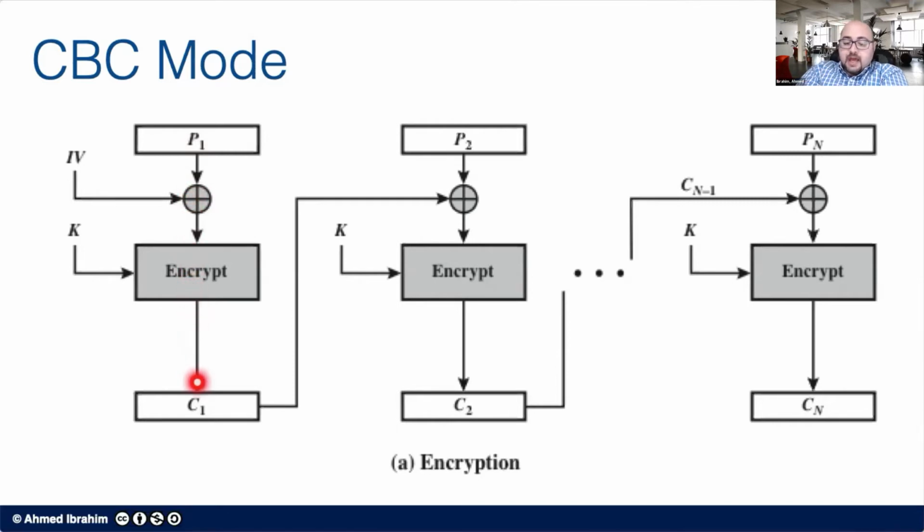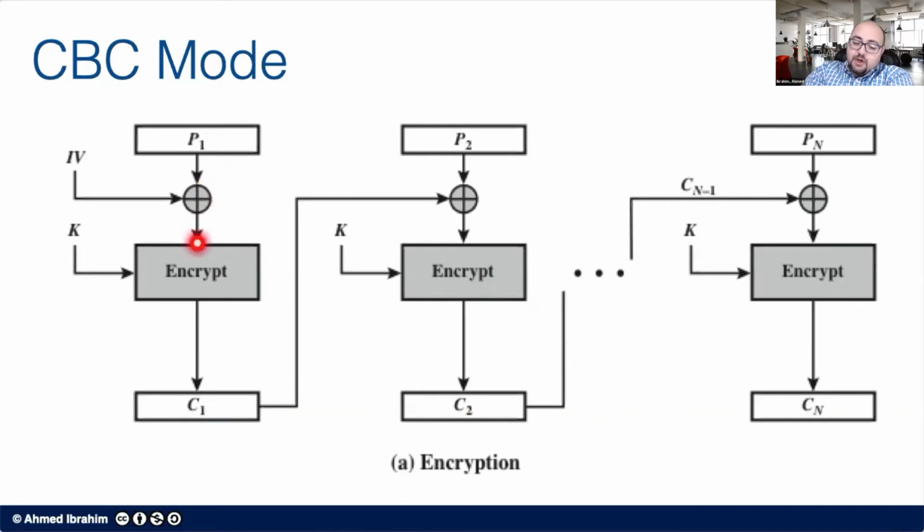And the output of that encryption is chained into the encryption of the next coming plain text, such that if P1 and P2 are the exact same plain text, the output of P1 is going to be different than the output of P2. So if an attacker looks at the output here, they will not be able to know that the plain text for C1 and C2 is the exact same plain text.